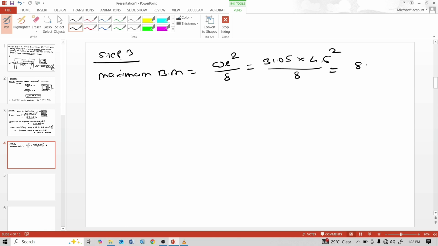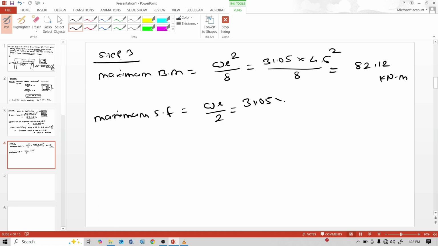We get value 82.12 kilonewton meter. Next calculate maximum shear force, WL by 2. Factor W is 31.05 multiplied by effective span 4.6 divided by 2 equal to 71.42 kilonewton. This is shear 71.42 kilonewton and 82.12 kilonewton meter maximum bending moment we get.